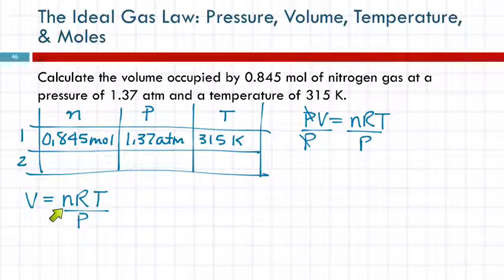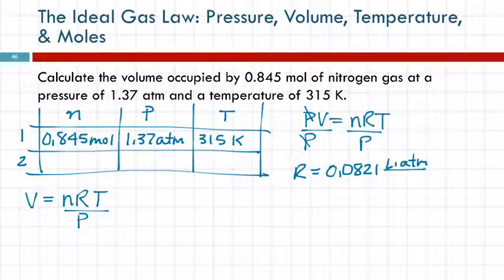Well, I've got N, I've got P, and I've got T. What's R? R is that messy thing. R is 0.0821 liter atmospheres per mole Kelvin. Those are just the units on R. So I'm just going to put everything into this equation. So N, 0.845 moles.